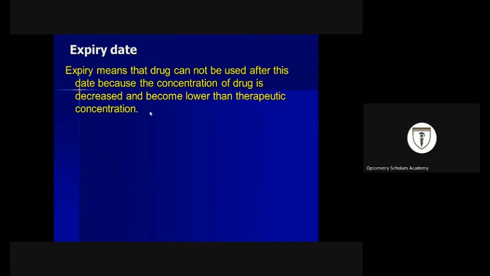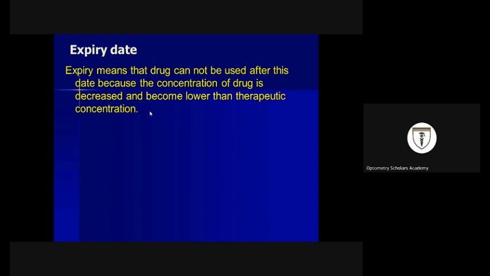So when you see an expiry date on a drug, it means that no matter how well you store this drug in the recommended mode of storage, as far as you have exceeded this date, this drug is no longer good for use. It has degraded to the point that it has no strength or no therapeutic concentration. So that is what the expiry date means.